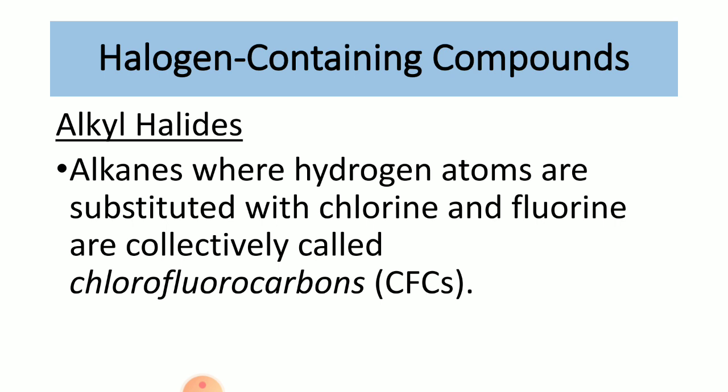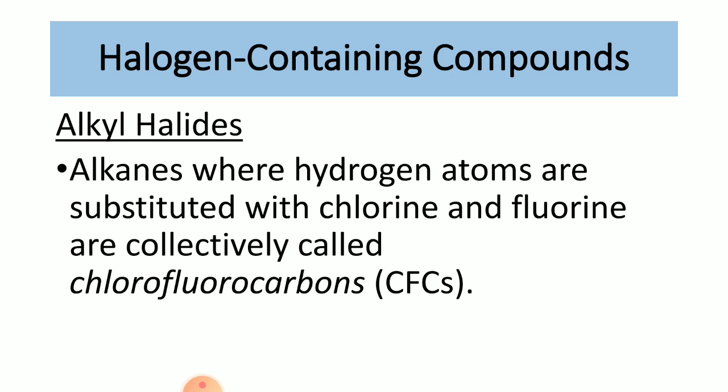Alkanes where hydrogen atoms are substituted with chlorine and fluorine are collectively called chlorofluorocarbons, or CFCs. These compounds were widely used before as refrigerants and as foaming agents for plastics.